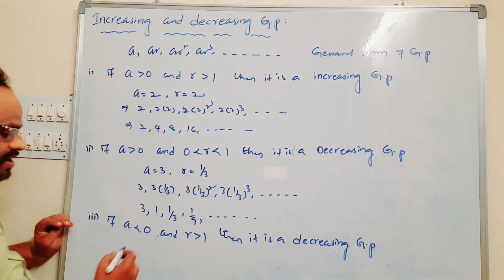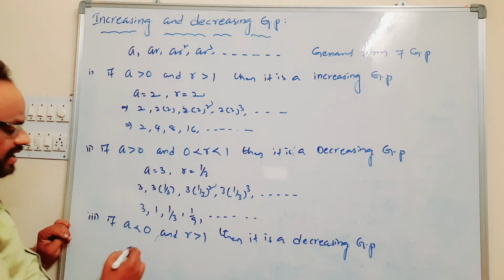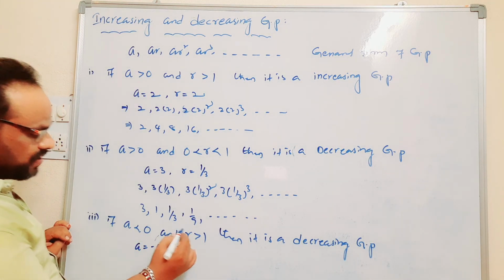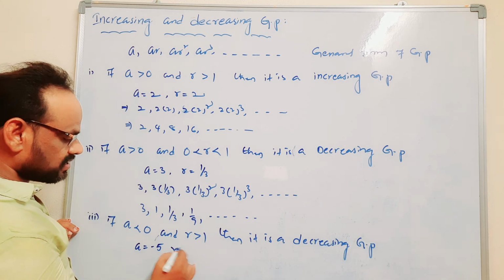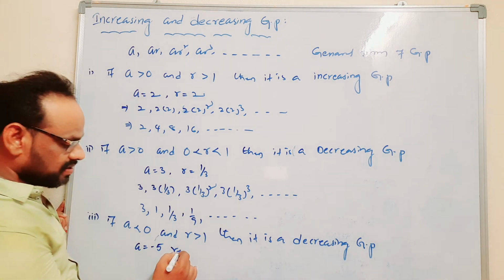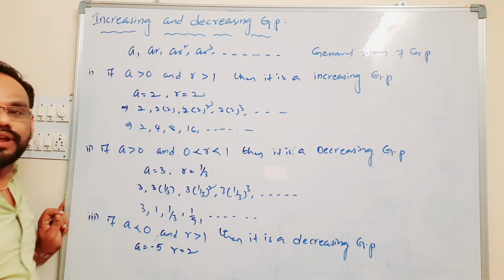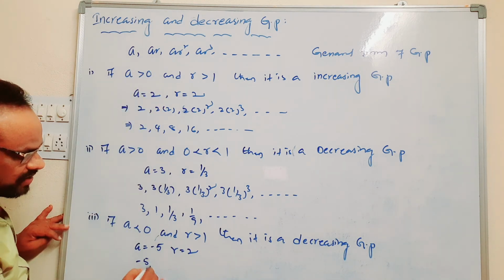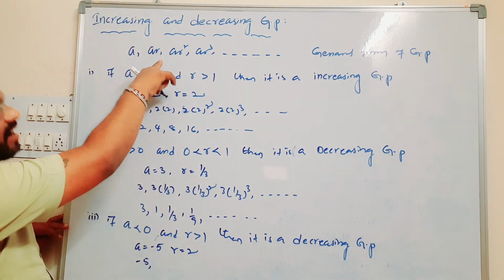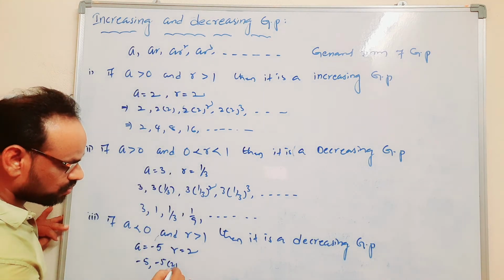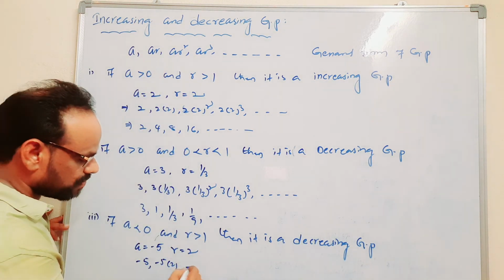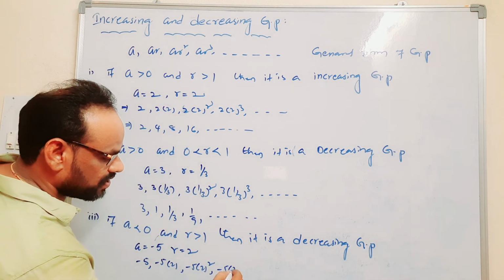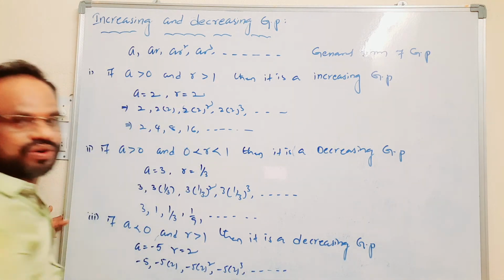Take one example. If A is less than 0, take the A value minus 5 and R is greater than 1, take the R value 2. Write the GP. A means minus 5, AR means minus 5 into 2, AR square means minus 5 into 2 whole square, AR cube means minus 5 into 2 whole cube and so on.